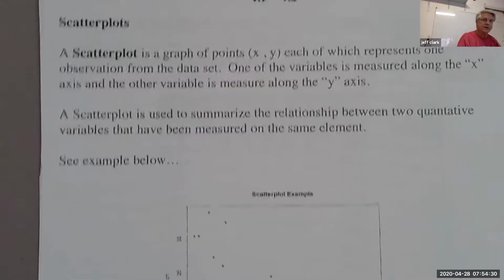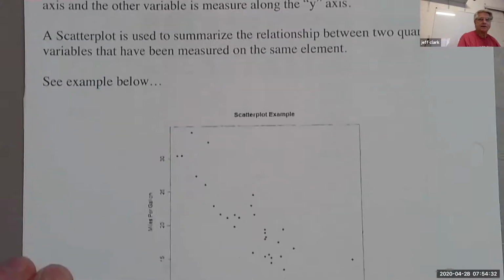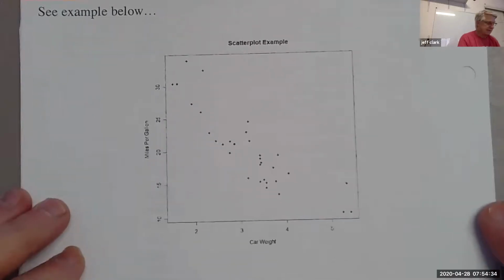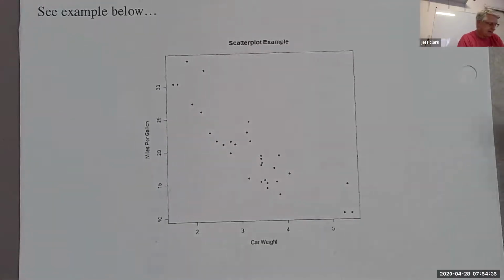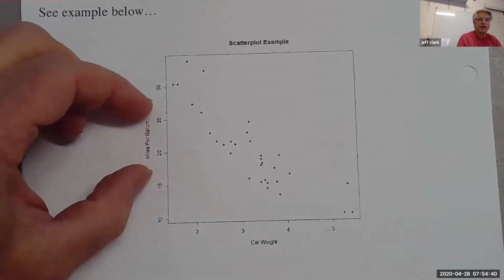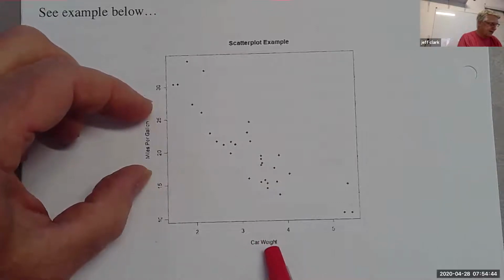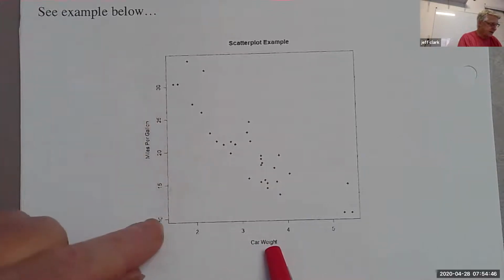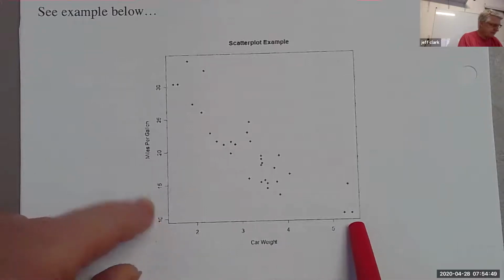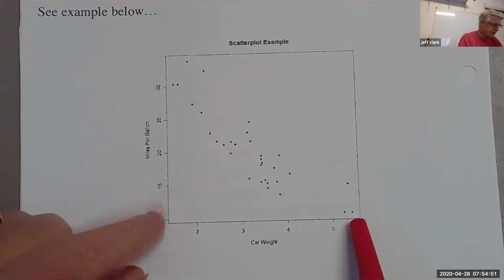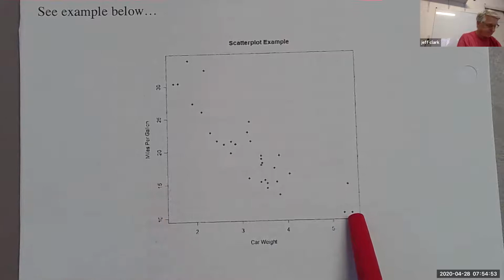If you take a look at this next example right here, there's a bunch of dots, and it's representing car weight and miles per gallon. What's the saying? The heavier the car, the worse. You can see 10 miles per gallon, the worst gas mileage.